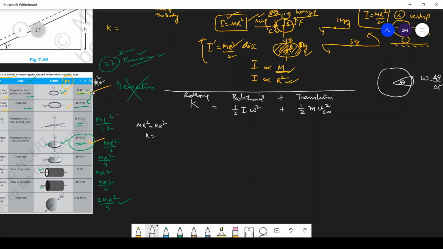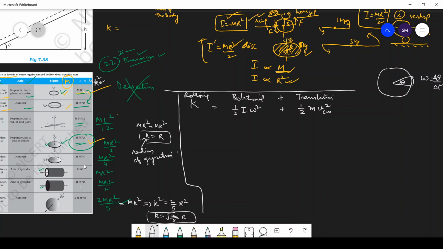In this case k will be r. What is the k in this case? You can see that k square is equal to 2 by 5 r square. Comparing these two, m will cancel out and k will be equal to under the root 2 by 5 r. So this k is the radius of gyration. Okay, so we can write this I as mk square. This k will definitely be different for different bodies.